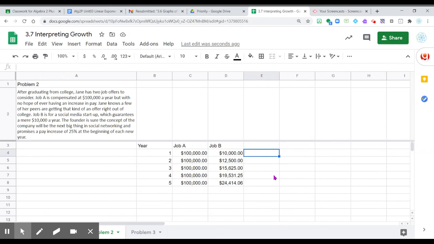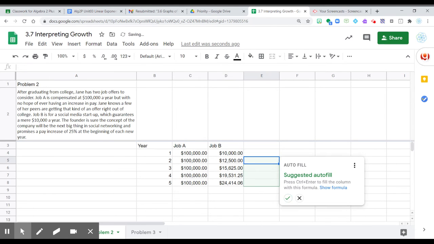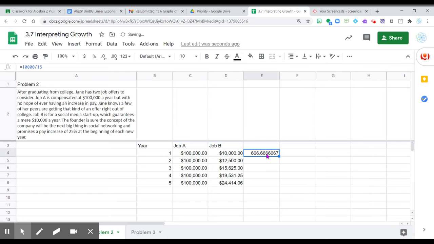In fact, something to consider is if we go with the current minimum wage of $15 an hour, which is currently being debated in a lot of policy circles, for $10,000, let's see, $10,000 divided by 15, she should only do about 666 hours of labor.